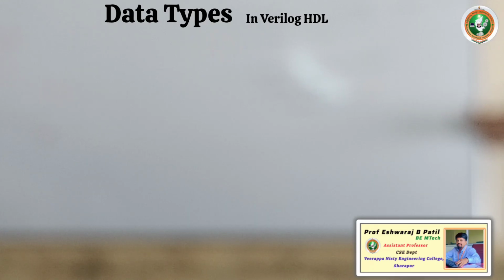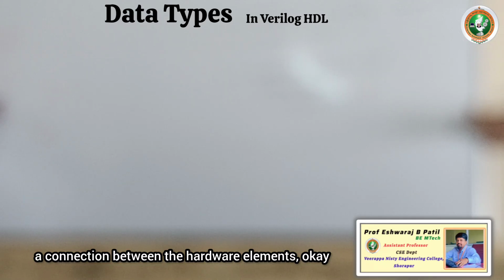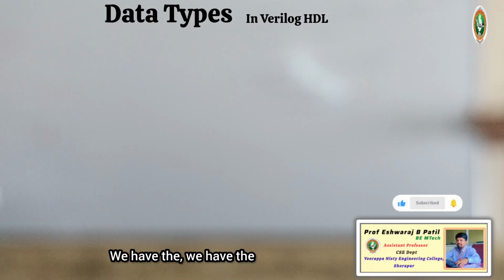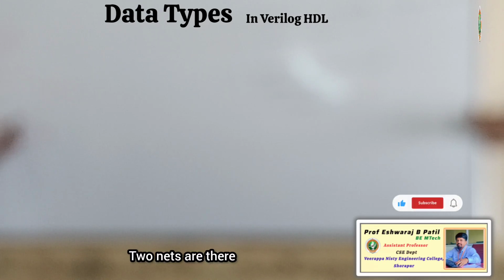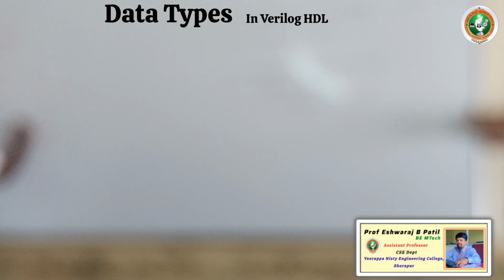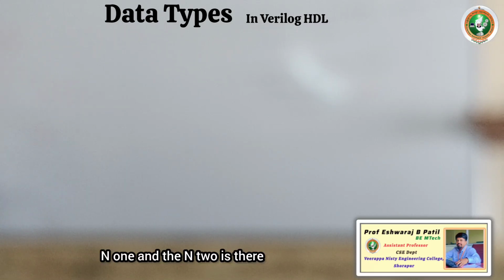Let's represent that there is a connection between the hardware elements, the hardware components. How many nets are there? 2 nets are there. What are those? N1 and N2 are there.